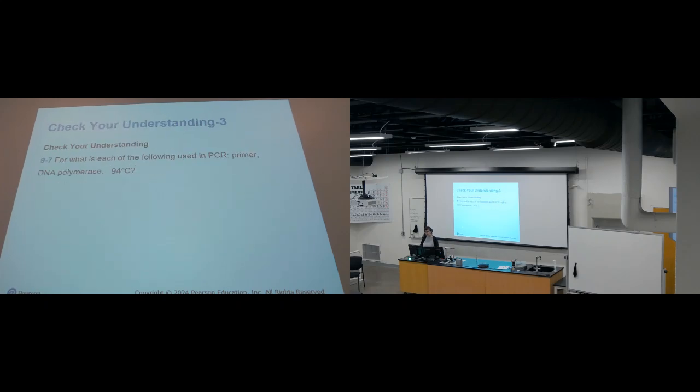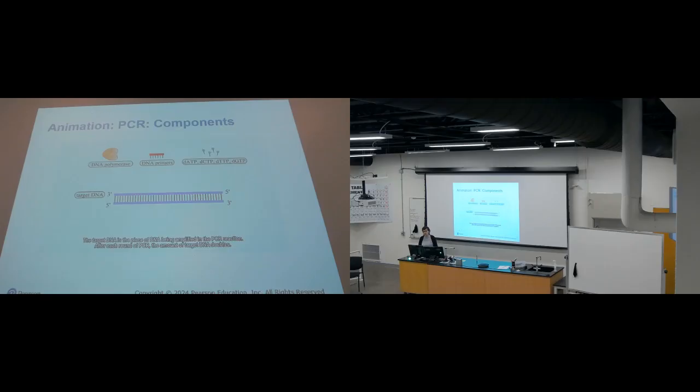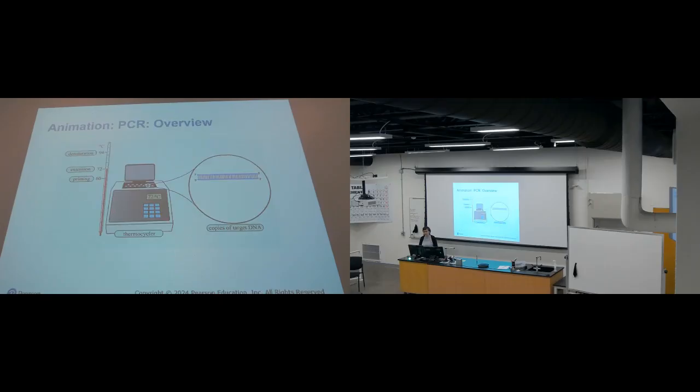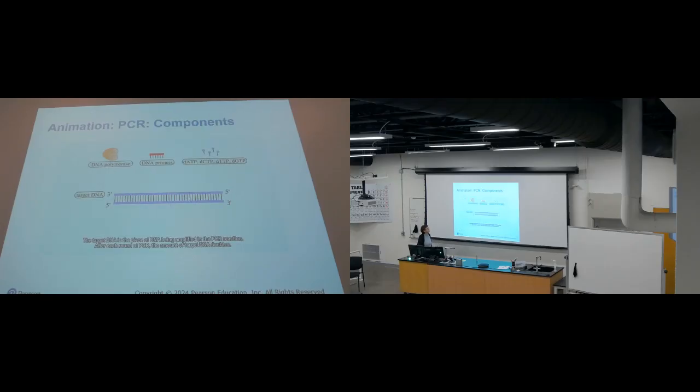Let me go back. Okay, part of the cocktail in your PCR reagents, you have to include DNA primers. These DNA primers have to be complementary to the piece of DNA that you want to amplify, your target DNA.